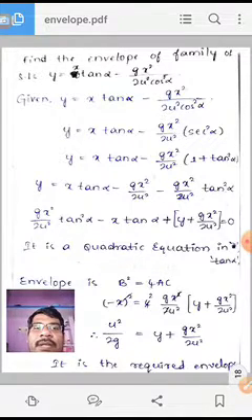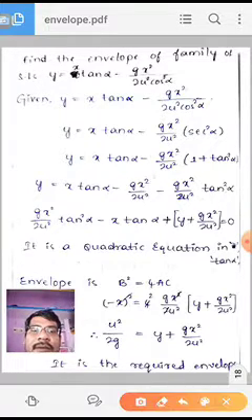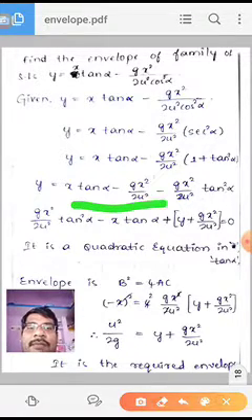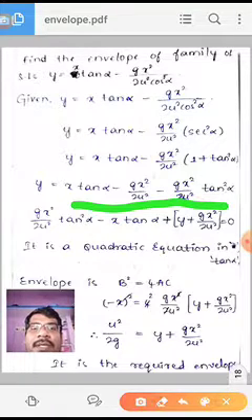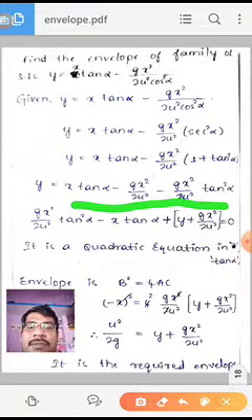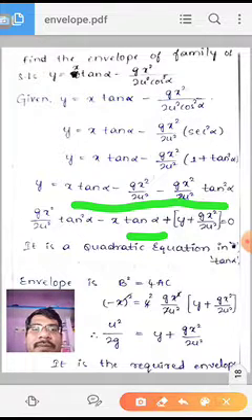Secant square alpha can be written as 1 plus tan square alpha. The required equation is g x square by 2u square tan square alpha minus x tan alpha plus y plus g x square by 2u square equal to 0. This is a quadratic equation in tan alpha.